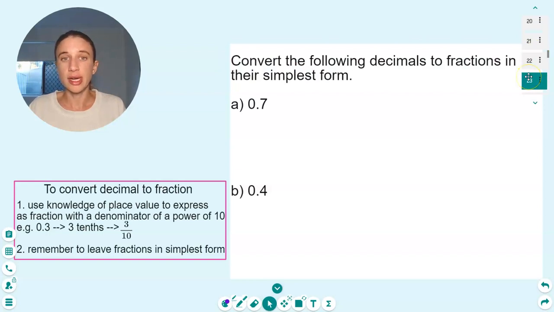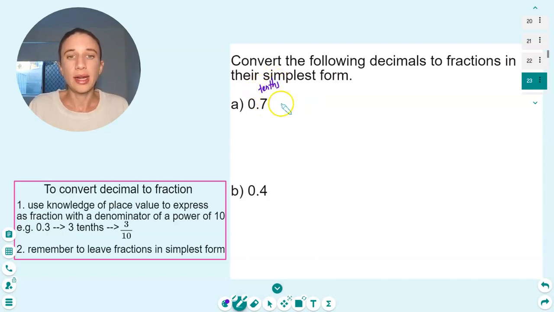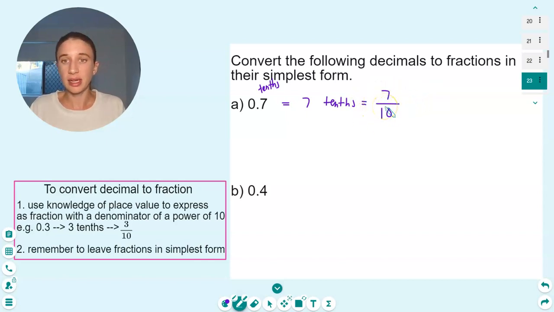So that's all we do for this. Let's try it out. Convert the following decimals to fractions in their simplest form. 0.7. I see that 7 is in the tenths place, so that's 7/10, which means 7 out of 10.